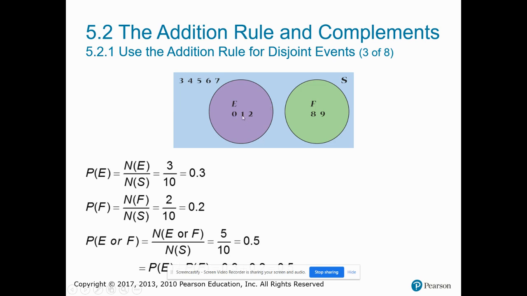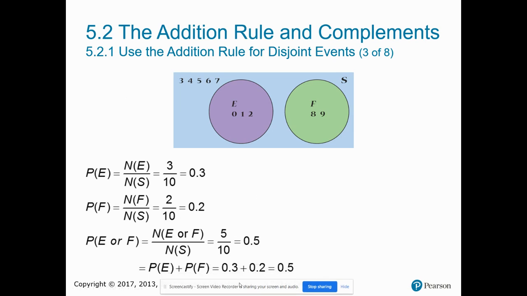So there's 1, 2, 3, 4, 5. That's where the 5 comes from, out of 10. So either they came from this group or they came from that group, so we added those two together. And that's where this formula comes from. The probability of E happening, a number 2 or less, plus F happening, 8 or greater: 0.3 plus 0.2 is 0.5. So you could actually calculate this two different ways.